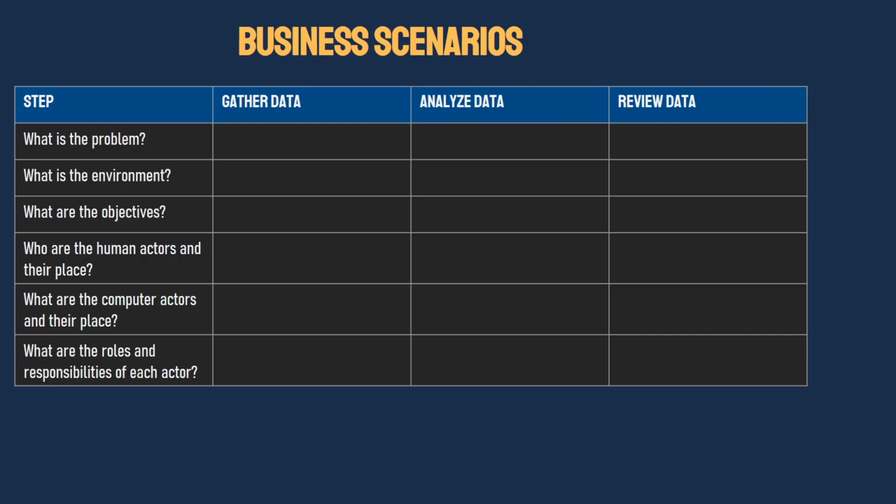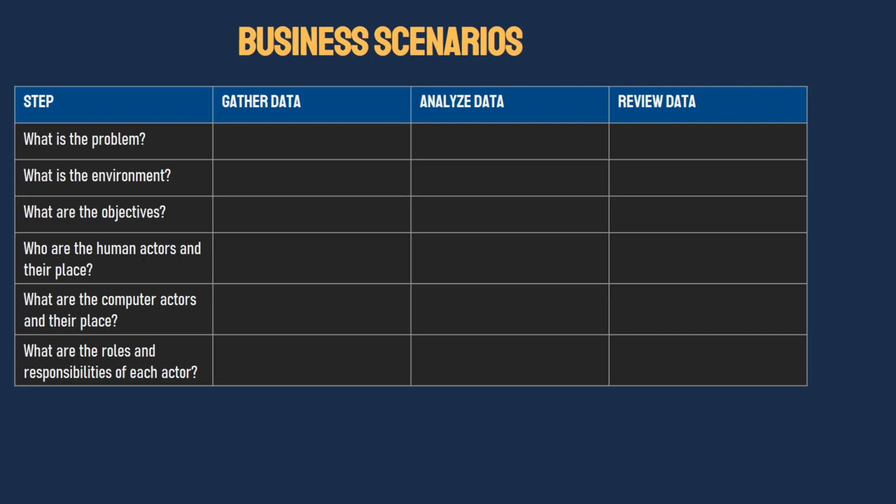This includes understanding what the problem is, what the environment is that the problem is happening in, what the objectives and goals are, who the human actors and people involved are, what the computer actors and infrastructure currently in place are, and what the roles and responsibilities of each of these actors are.